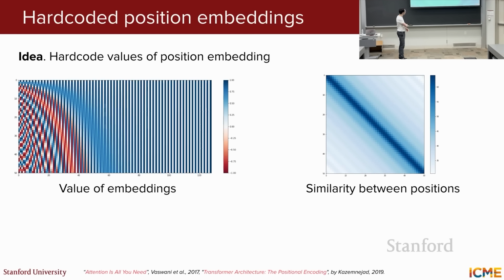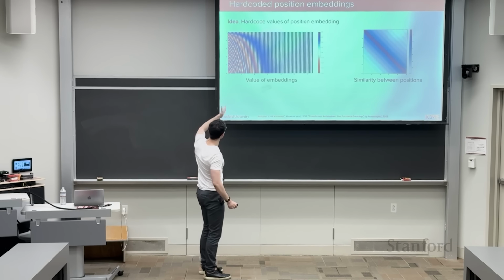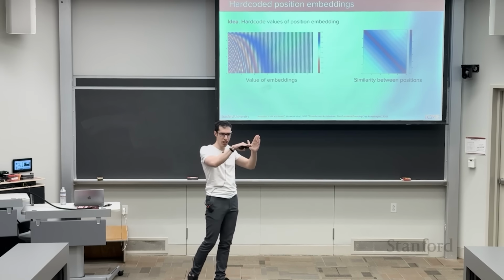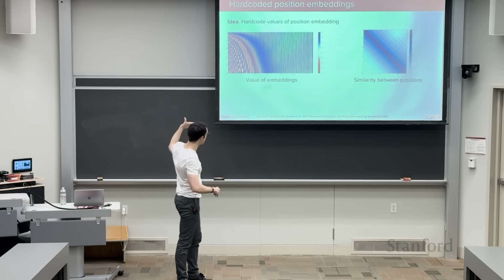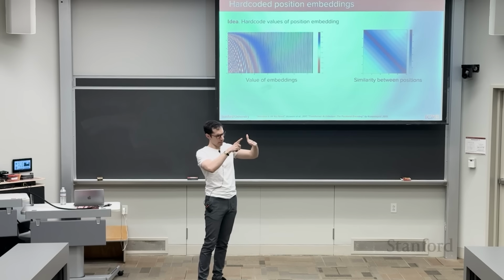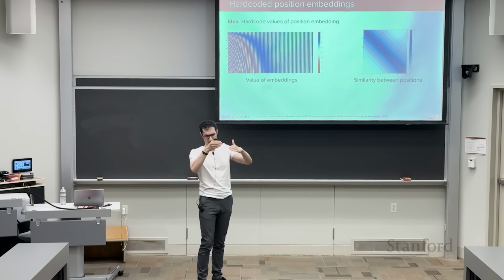Now when you plot the values of the embeddings, this is what you obtain. In this graph, on the y-axis, I'm representing the embeddings for each of, let's say, 50 positions. On the x-axis, it's the values along a given vector across several dimensions.